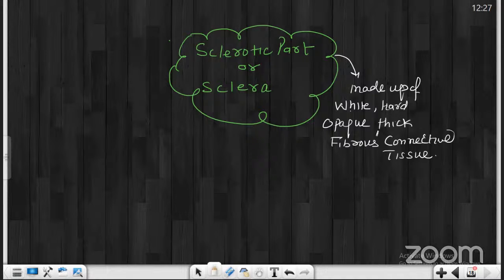But in the case of frog, it is made up of cartilage. It is the inner portion of the eye. It's non-vascularized again, means no blood vessels are here.